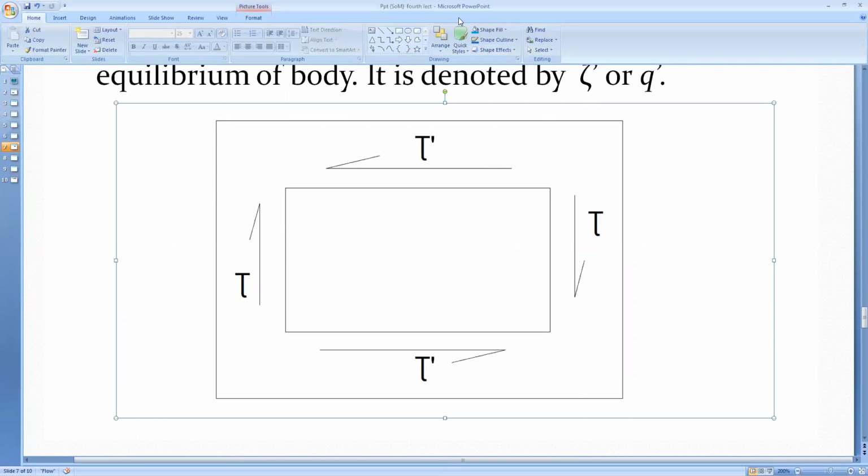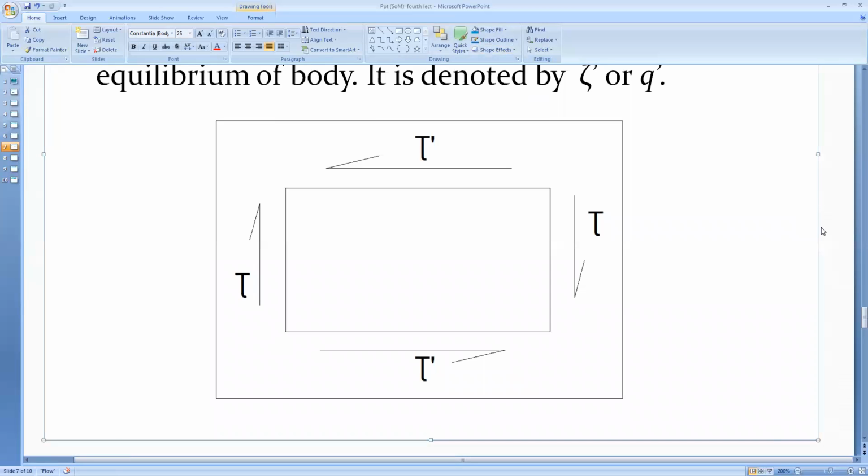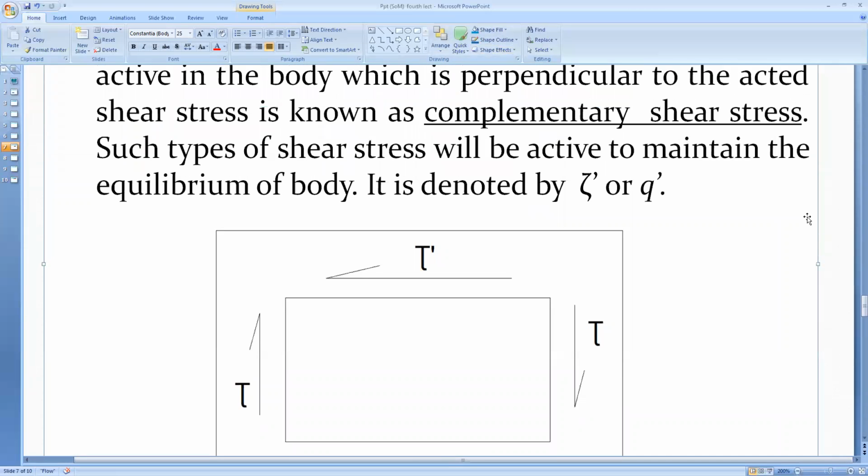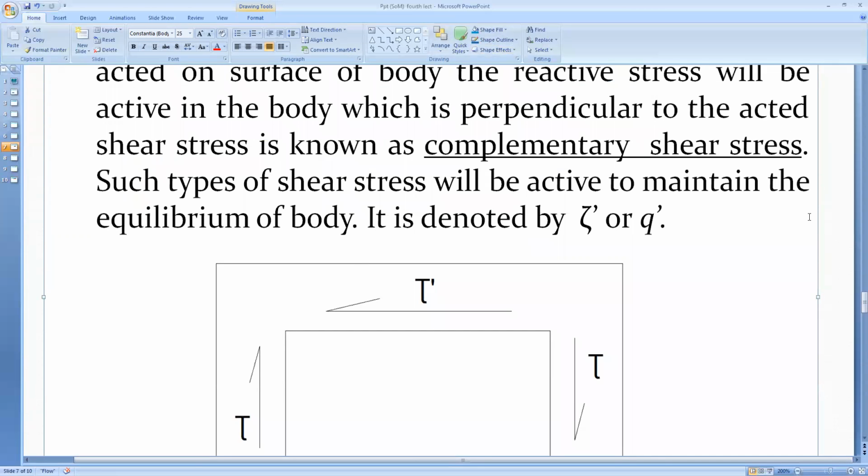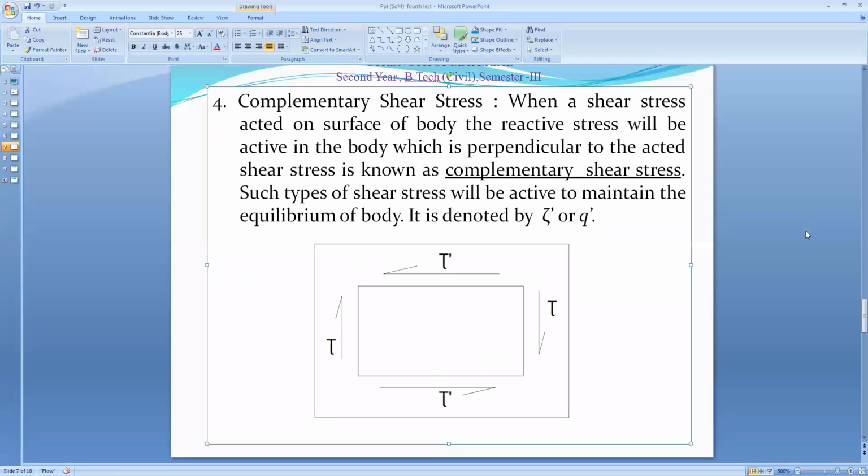Then to react to this acted couple and maintain the equilibrium condition of the body, there is a formation of another couple, called the reactive couple, indicated by tau dash, acted in an anti-clockwise manner to maintain the equilibrium condition of the body. So this is called the concept of complementary shear stress.